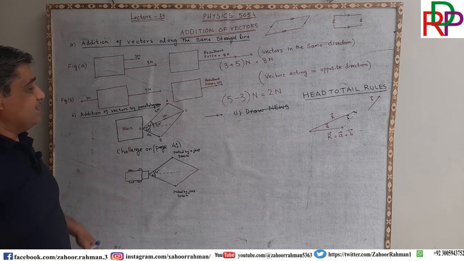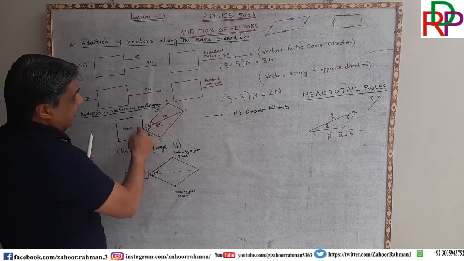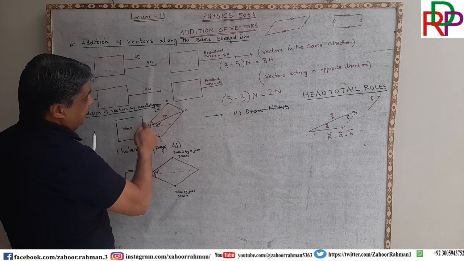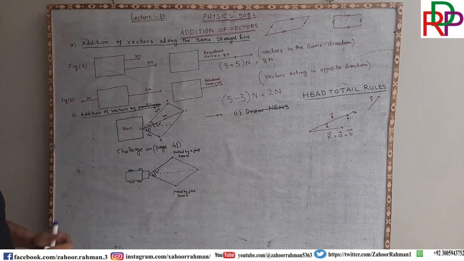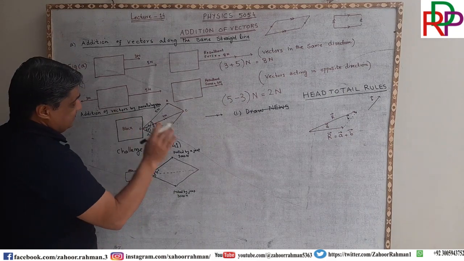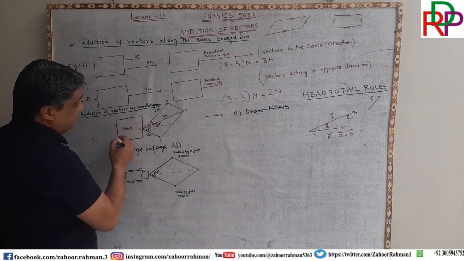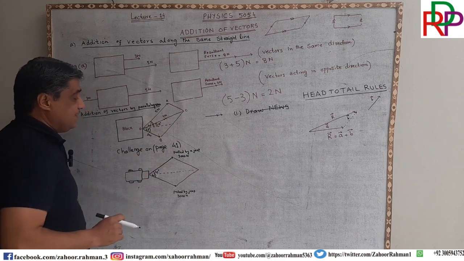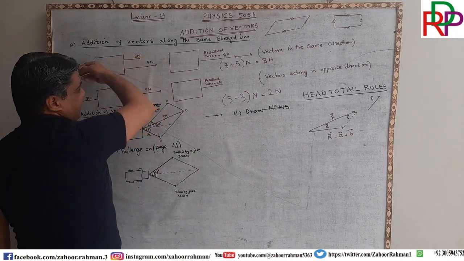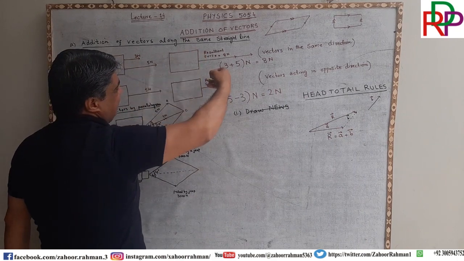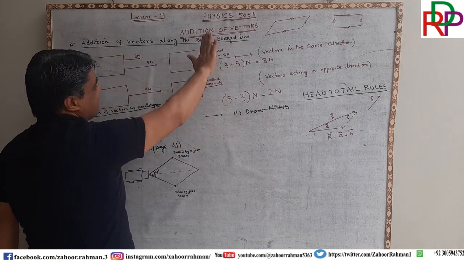But here these black lines are given in your book on page number 41. Then it is asking with which force this block will move, because in this case they are dragging it in the same line, it will move like this.